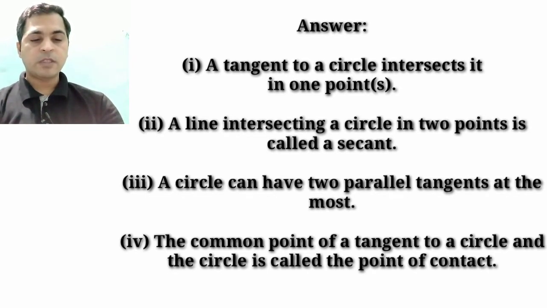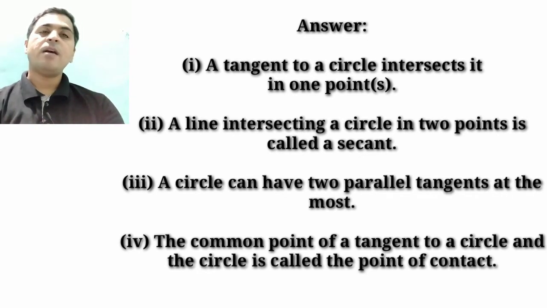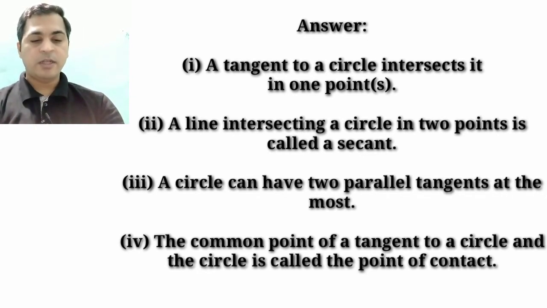So a tangent to a circle intersects in 1 point, right? The answer of the first question: a tangent to a circle intersects at 1 point. A tangent always intersects at 1 point. A line intersecting a circle at 2 points is called a secant, right? A line which intersects a circle in 2 points is called the secant of the circle. Third one, a circle has 2 parallel tangents at the most, right?